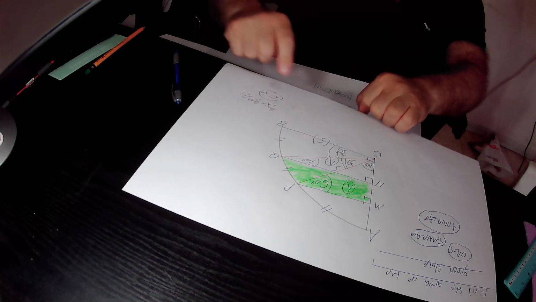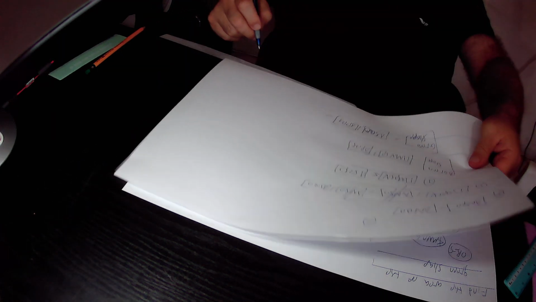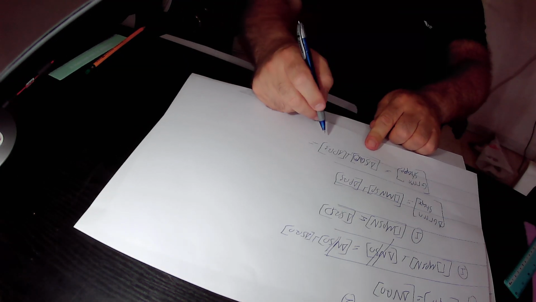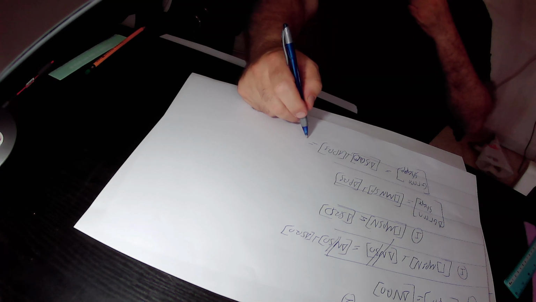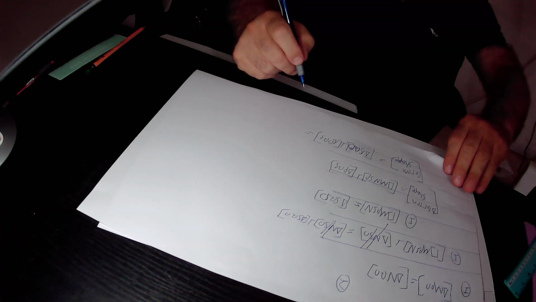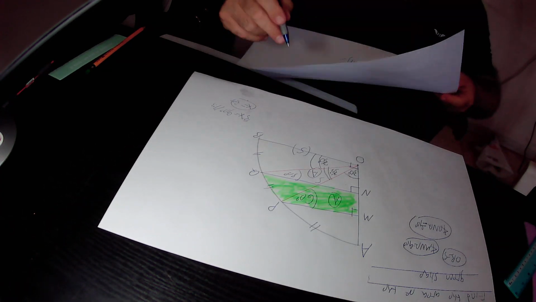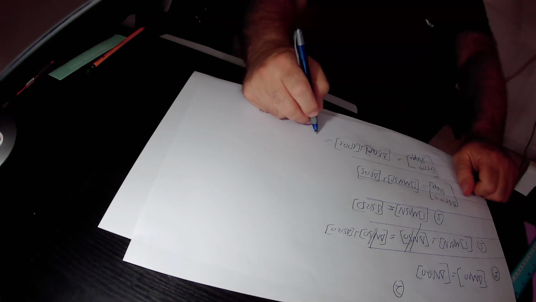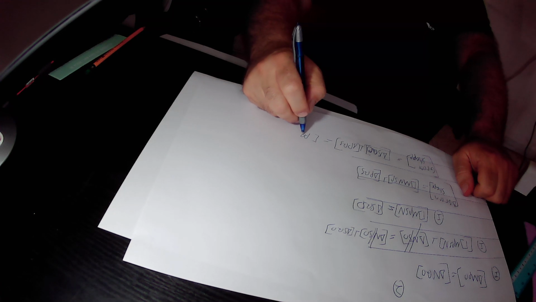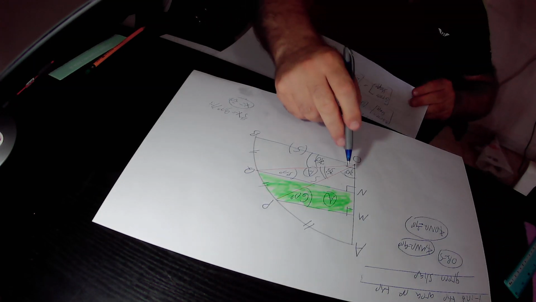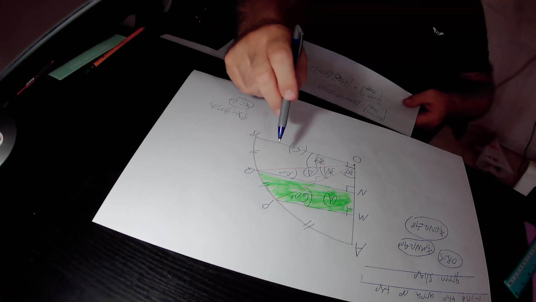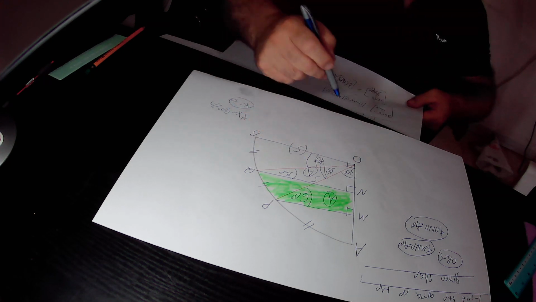So in total, we should have found out that the area of this green shape equals the area of sector PQO.